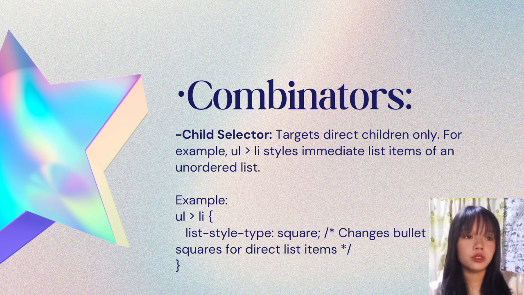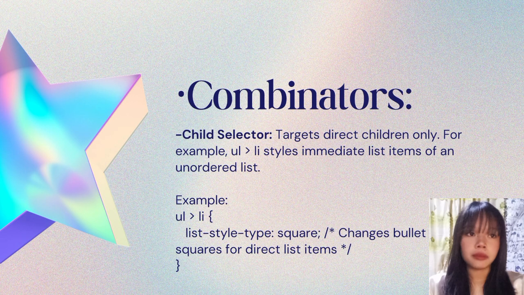For example, ul > li styles immediate list items of an unordered list. The example here is list-style-type square, which changes bullet points to squares for direct list items.